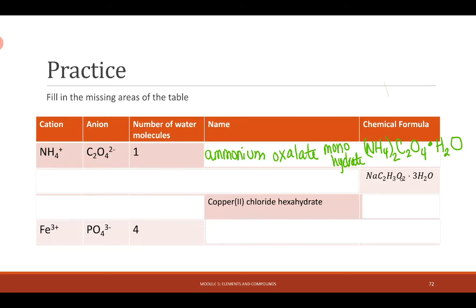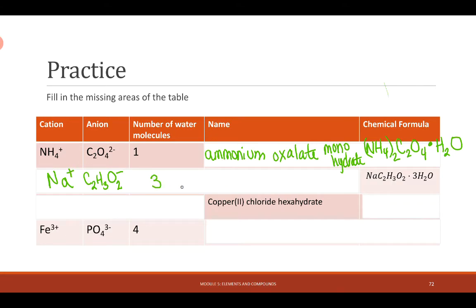All right, for our next one, we have to work backwards to come up with what the name of it is and what the ions are. I can see my polyatomic ion acetate, which is C2H3O2 with 1 minus charge. And that is sodium. Sodium's in group 1, so it's a +1 charge.